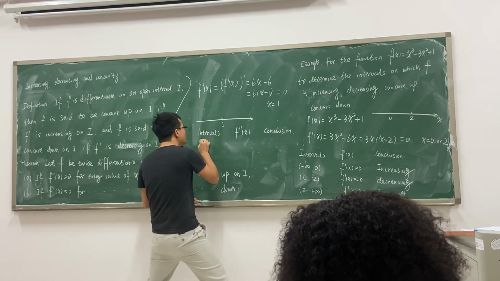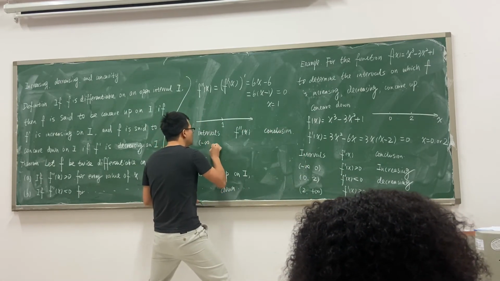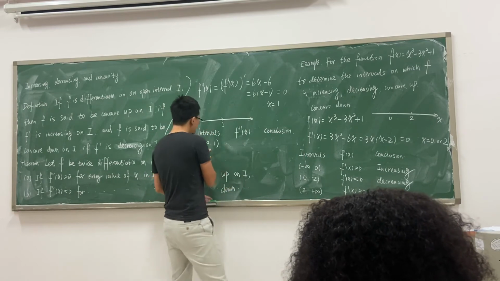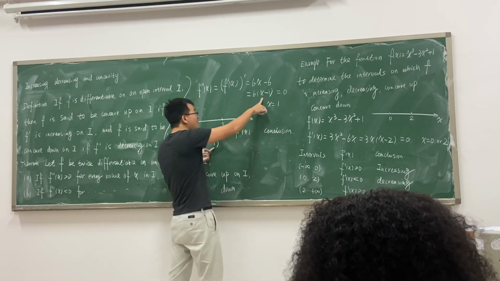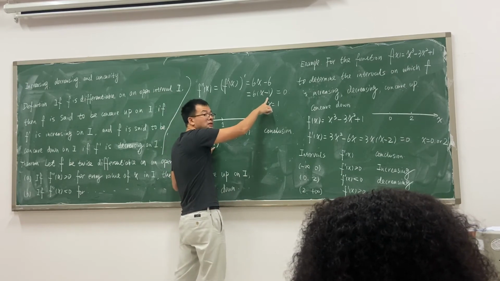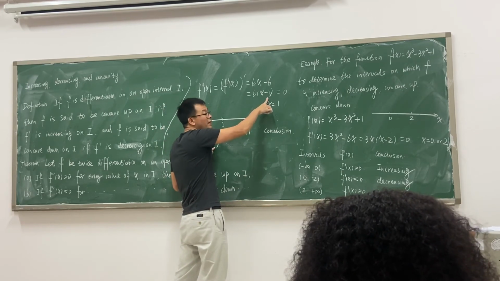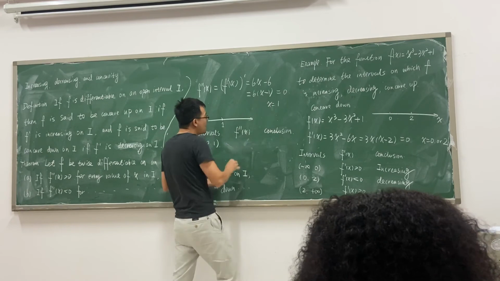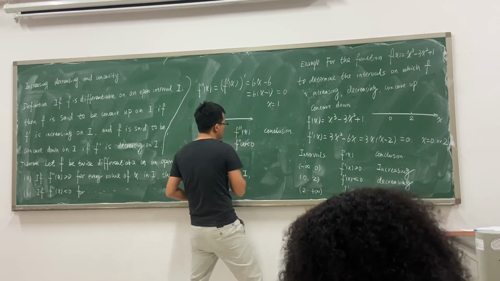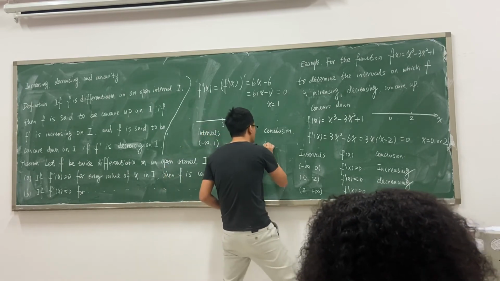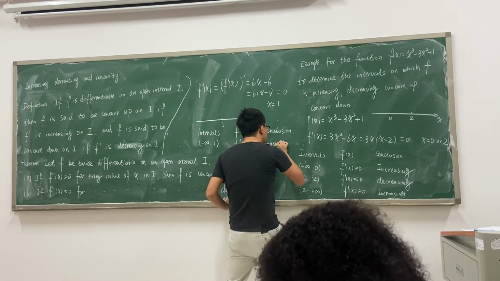So the first interval is minus infinity to 1. Here f prime prime, when x is less than 1, is positive or negative? Negative. So f prime prime is less than 0, so here it is concave down.